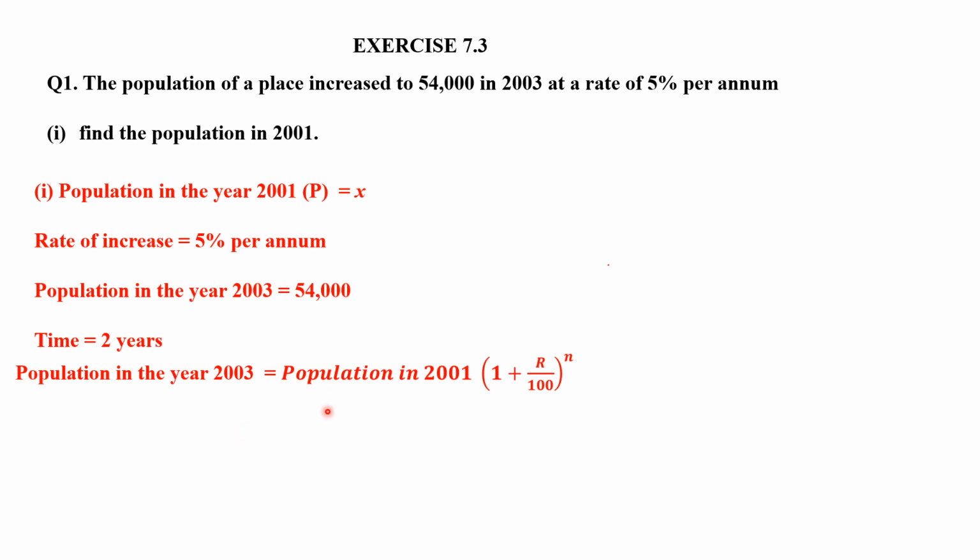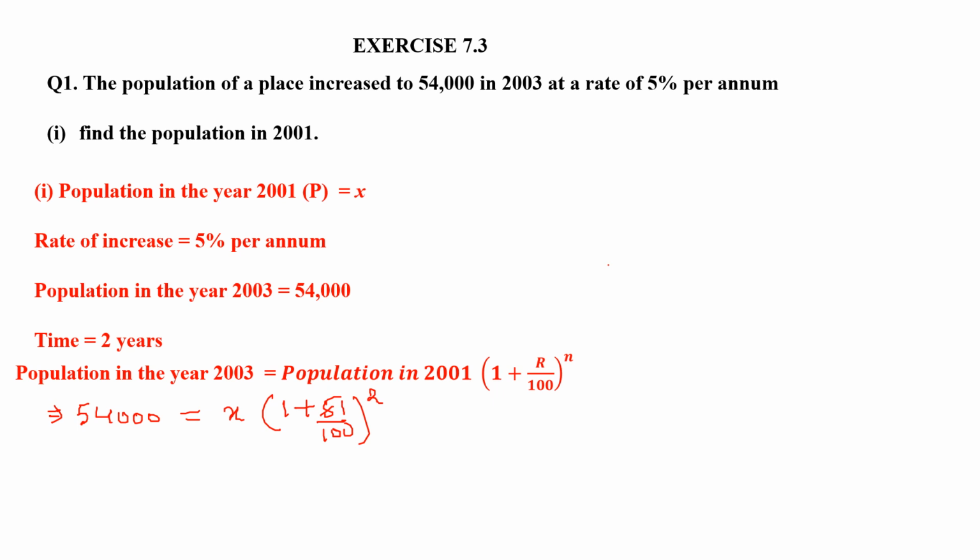So the formula which I am going to use is: population in the year 2003, which is already given, will be equal to population in 2001 times (1 plus r by 100) whole to the power n. Now I am going to substitute all the values. So here it is given as 54,000 equal to population in 2001, which I have assumed as x, then (1 plus my rate 5 by 100) whole square.